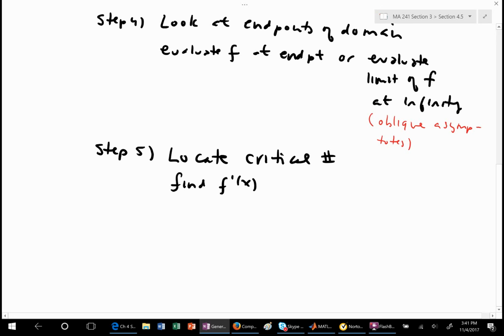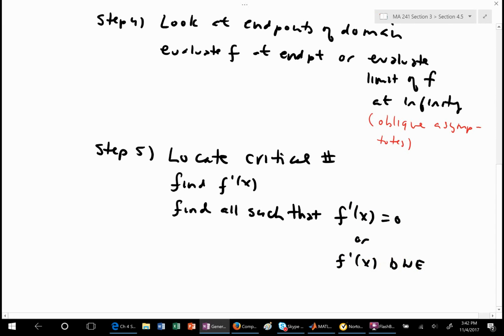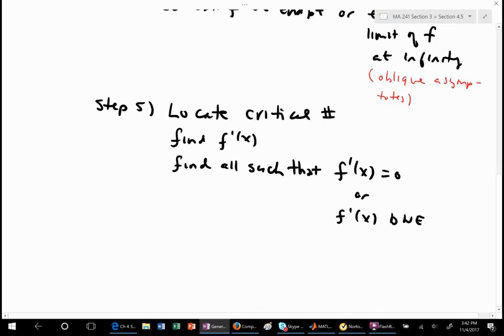I want to find all the x such that either f prime of x is equal to 0, or f prime of x does not exist. Okay?